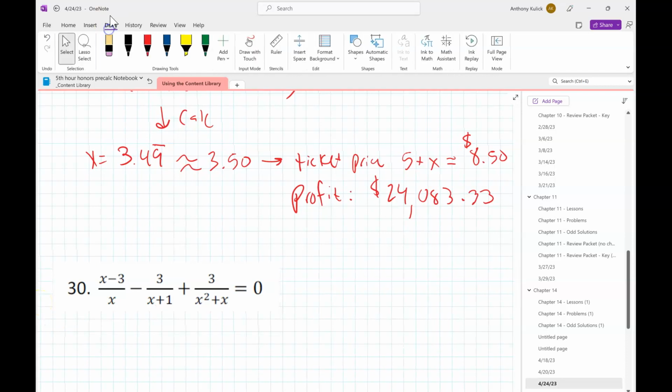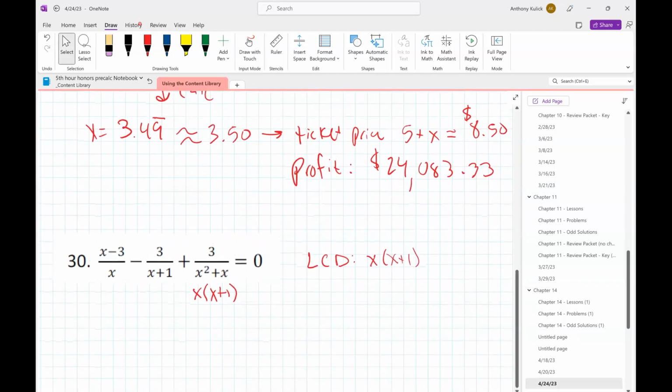All right, so I would start by factoring the denominators. I noticed that last denominator can factor just with the greatest common factor, so that x squared plus x can be x times x plus 1. So my least common denominator would just be x times x plus 1, right?